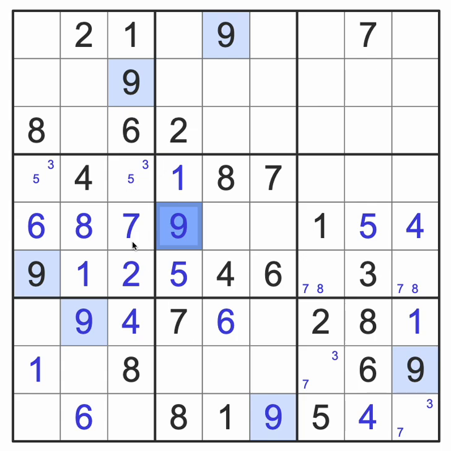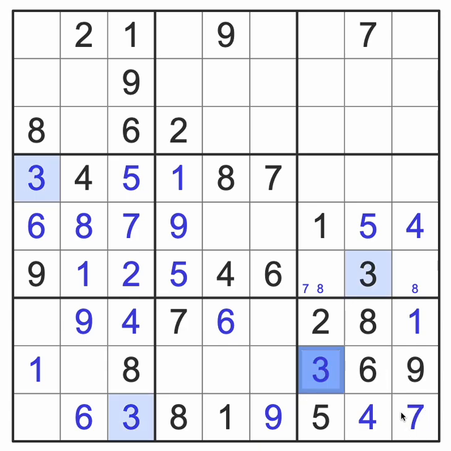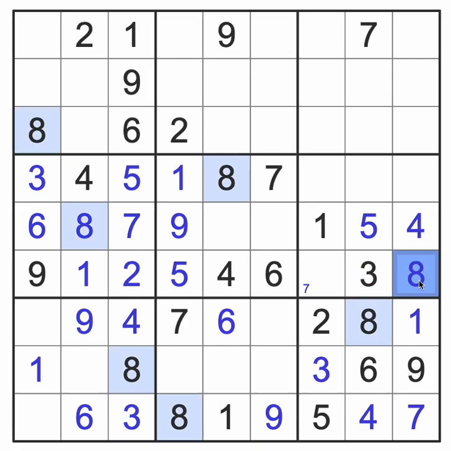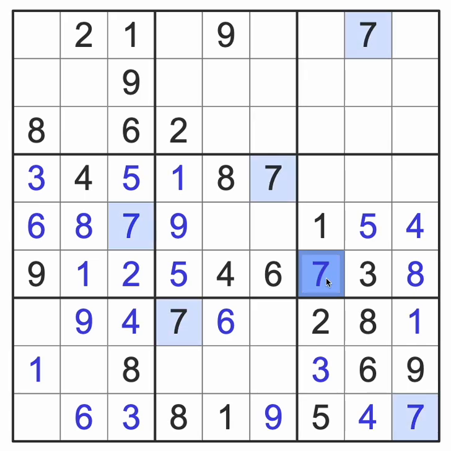Okay, and now this column is missing just 3 and 5. So this 5 blocks here, gives me 3, 5, and 3. And this 3 has made this cell 7, and this is 3. And this 7 has made this cell 8, and this is 7.